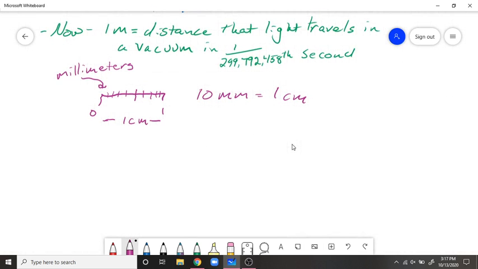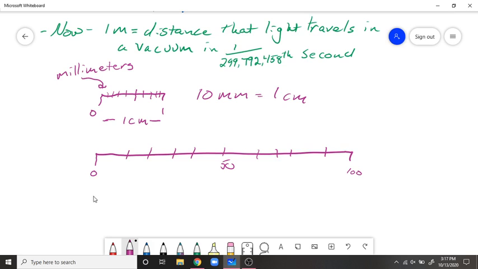If I zoom out on my ruler a little bit, 0, here is 100, here's 50, let's imagine these are all equally spaced.